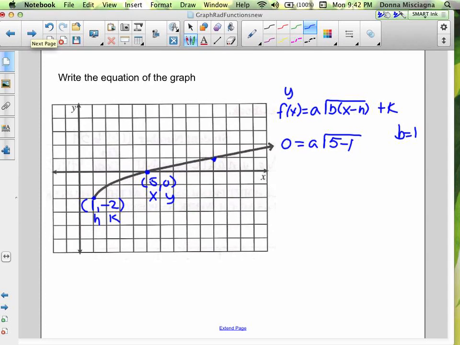All right, so we have x minus h. That point there is 1, negative 2. I keep wanting to switch my negatives. So 5 minus 1, and then plus a negative 2, or minus 2, whichever you like. I'm going to write that clear. I think the negative kind of is getting lost here.